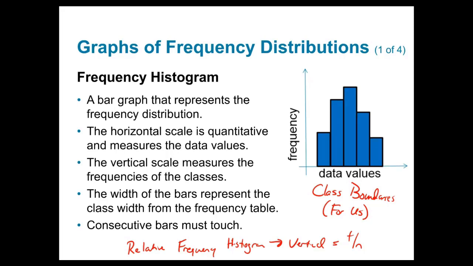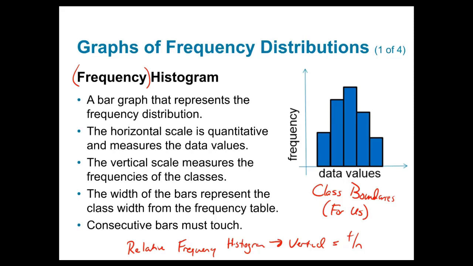Otherwise, they're exactly the same. If I just say histogram, assume I mean frequency histogram. By default, it's typically just the frequencies on the vertical axis. If I want a relative frequency histogram, I will flat out say, give me a relative frequency histogram.